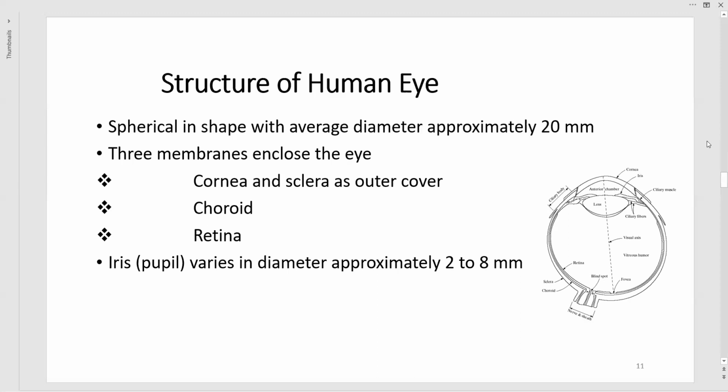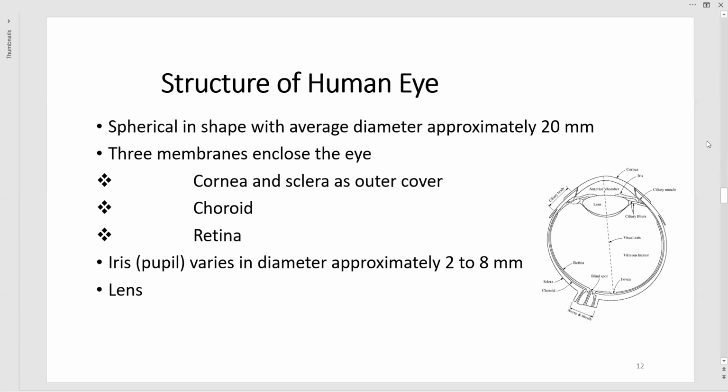This is where the iris helps control how much light enters the eye, and it suddenly makes the pupil close. The iris has muscles which change the size of the pupil. These muscles help us control the amount of light that enters by making the pupil larger or smaller.